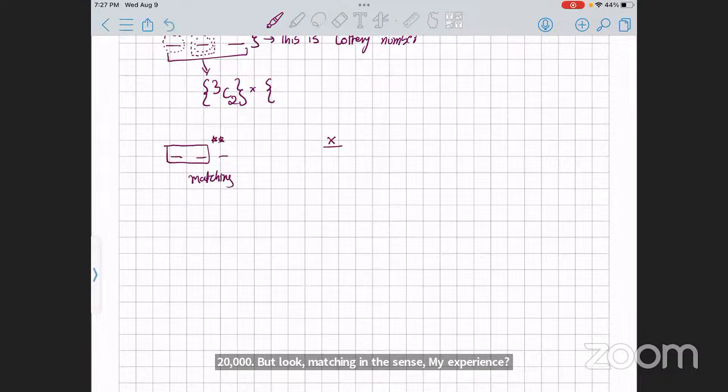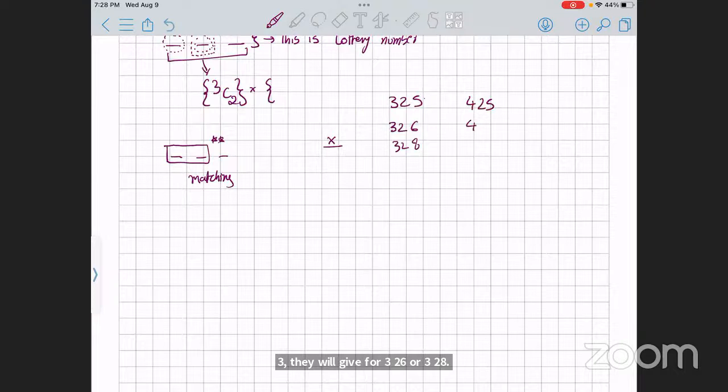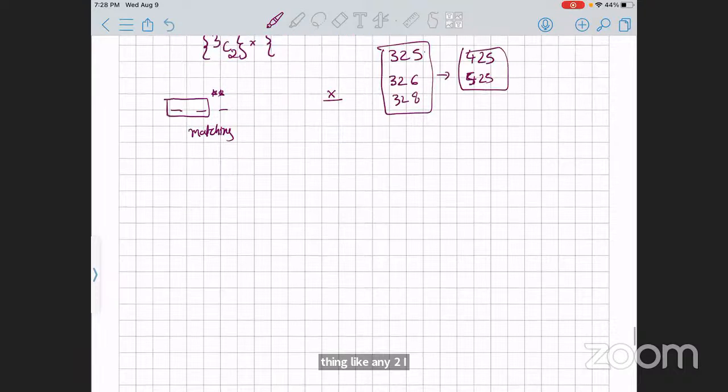Like, if the number is 325, then they will give for 326 or 328 or 425 or 420, 525. Are you getting this? Okay, sir. Not like any two, I mean, like 425 or something like that.